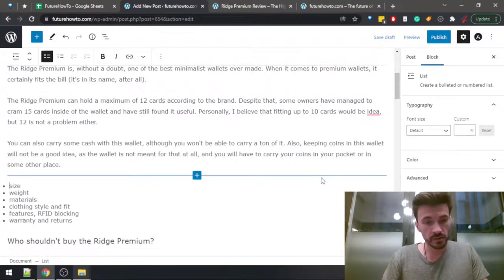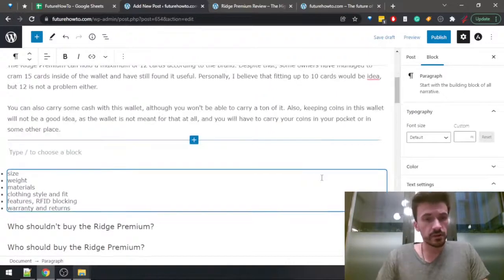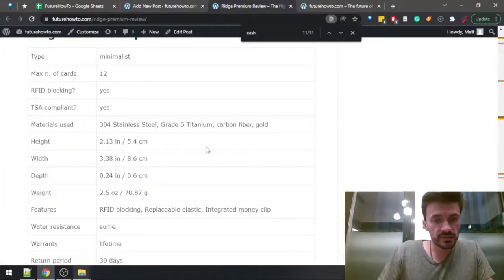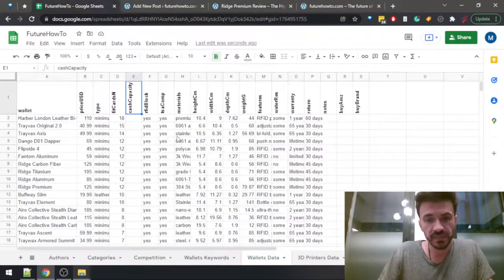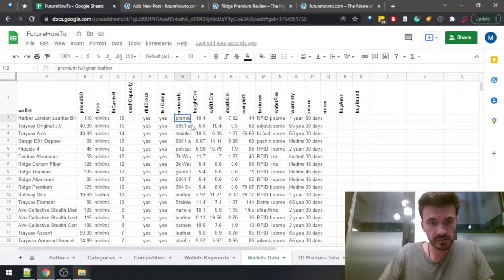Yeah, both of those are covered. The size, what can we say about the size? So I usually look at the specs from the table here, because it gives me a better view compared to other products as well. This is a fairly thin wallet.